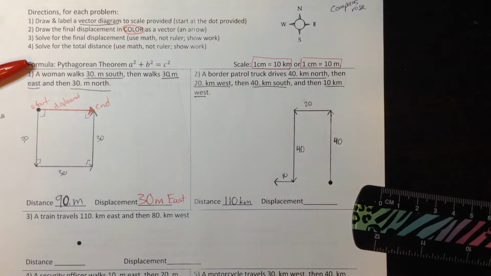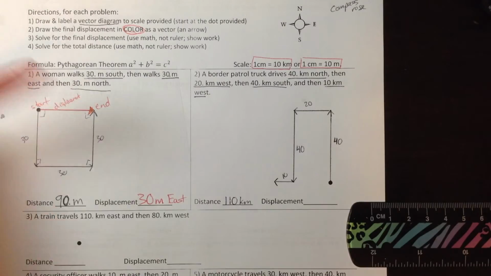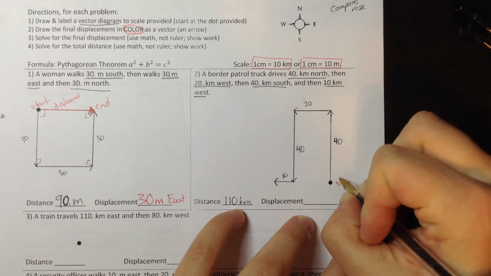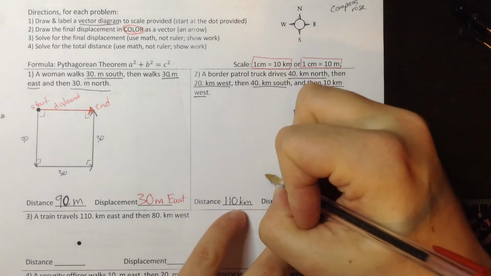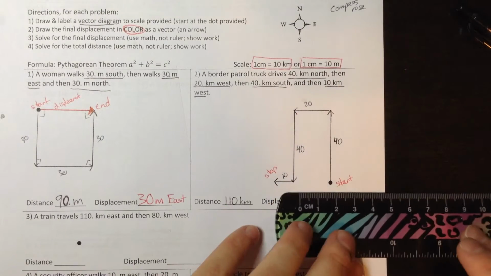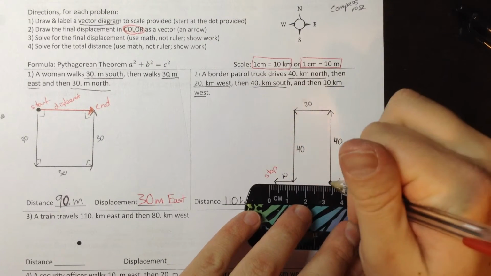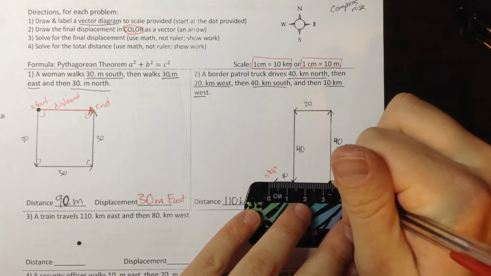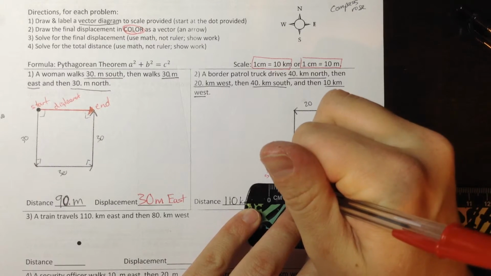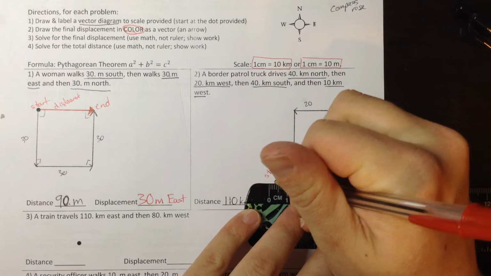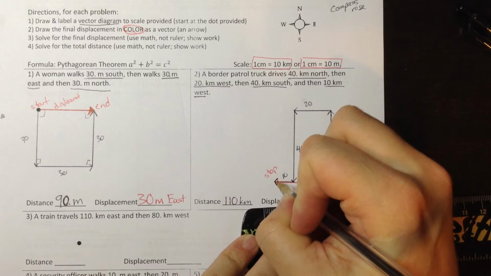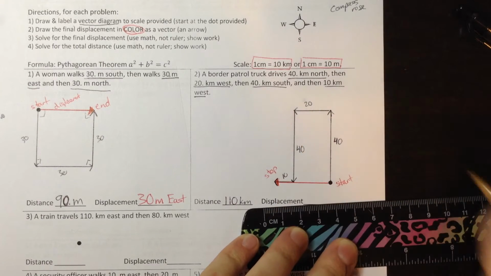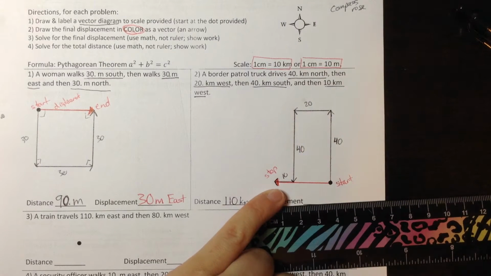Now displacement. Straight line from start to stop. So this is where you started. This is where you stopped. Straight line from start to stop. An arrow pointing at where you stop.